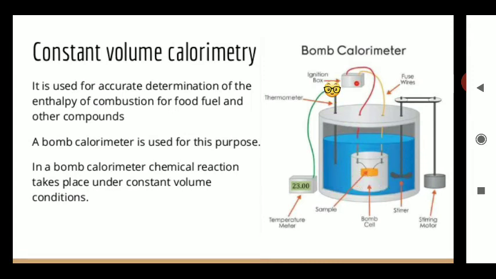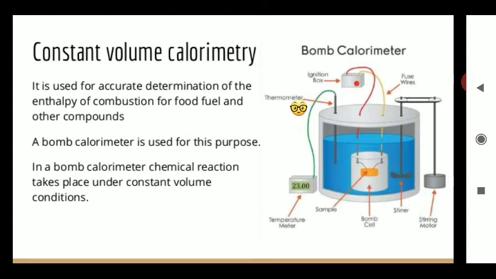Now one stirrer is applied there, and one thermometer is also added just to measure the temperature of this device. Internally, shown in blue, we take water or any other suitable solvent. First, inside this bomb, in the loop-like structure, we place the calculated amount of the combustible substance.